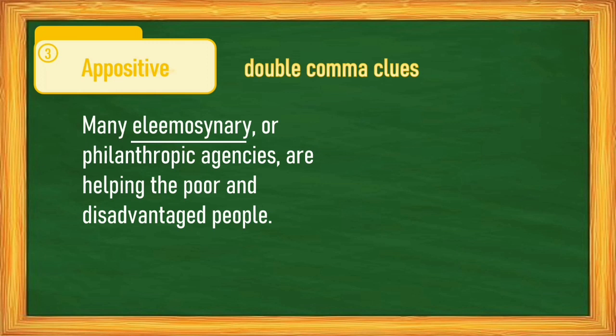The unfamiliar word here is eleemosynary, and it's easier to figure out its meaning because the descriptive words or phrases are placed next to it, and these are philanthropic agencies.